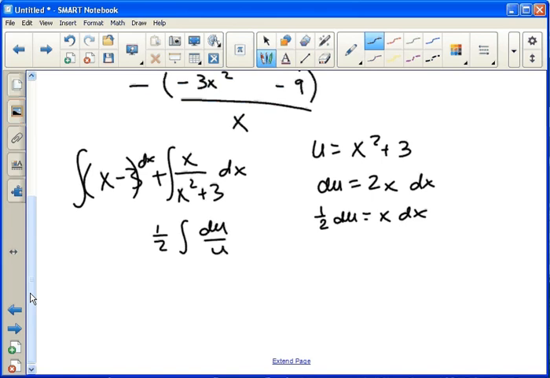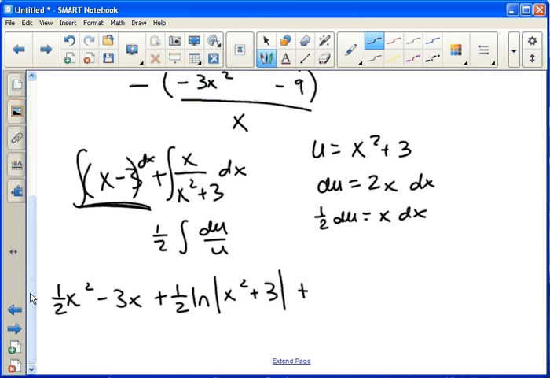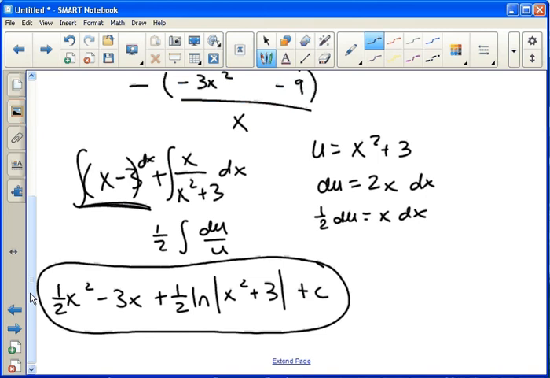So if we back up, this one right here turns into 1/2 x squared minus 3x. This becomes 1/2 natural log of absolute value of x squared plus 3 plus c. So that's how you do long division with your integrals.